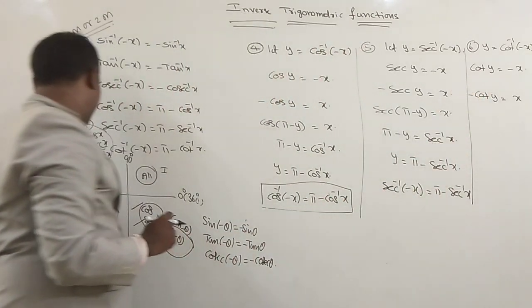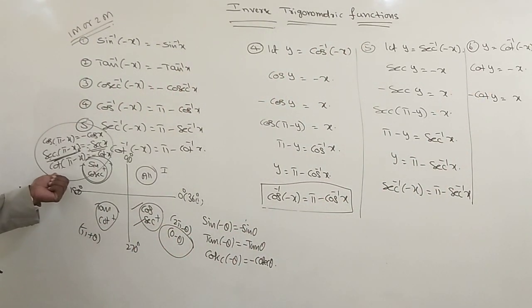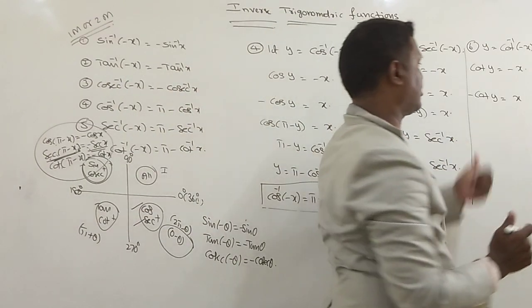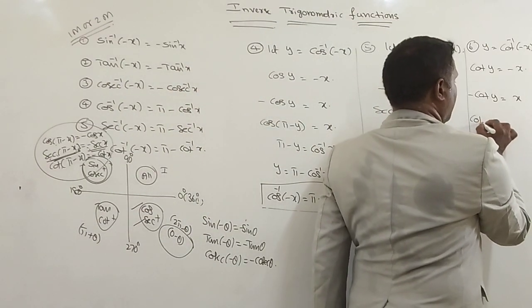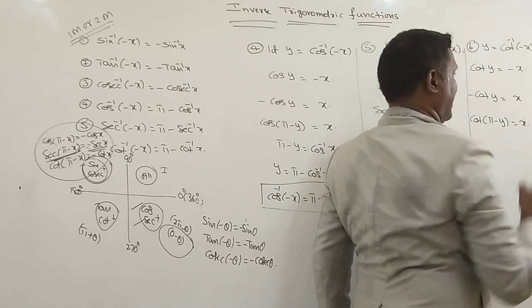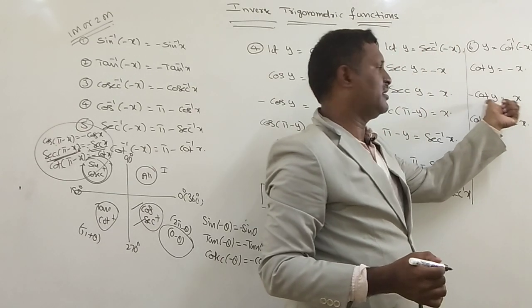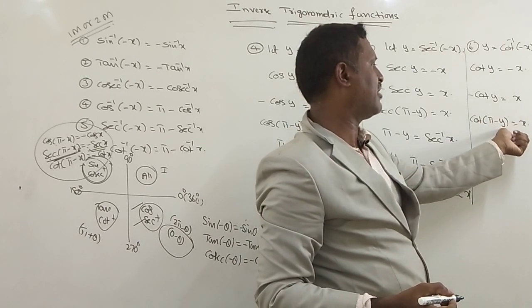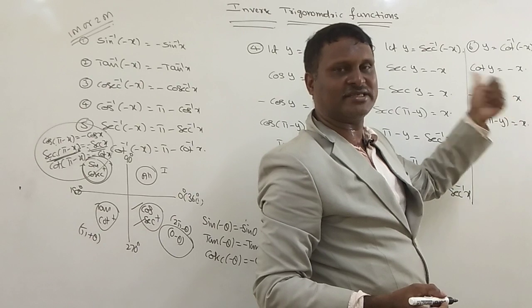Using the second quadrant, minus cot y we can write as cot of pi minus y. Cot of pi minus y is equal to x.